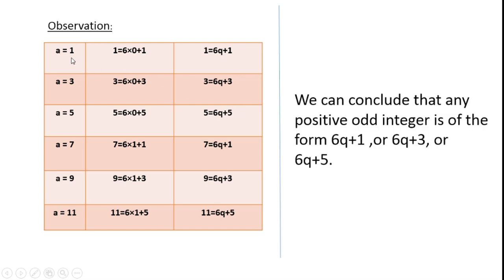See here, a equal 1, 3, 5, 7, 9, 11. These are all positive odd integers. Then what is the format? 6q plus 1, 6q plus 3, 6q plus 5. So we can conclude that any positive odd integer is of the form 6q plus 1 or 6q plus 3 or 6q plus 5. If you want, you can try with more examples.